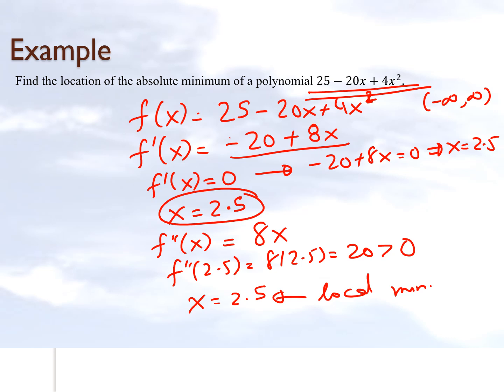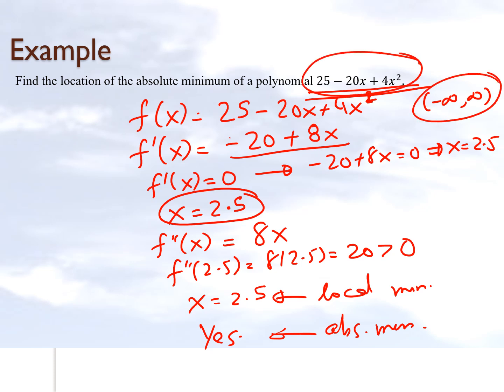Now, is this also a point of absolute minimum? Yes. Why? First, the value of the function, when you look at the extreme points or the endpoints, is going to approach infinity at both of those values, so we don't have to worry about the endpoints being lower.